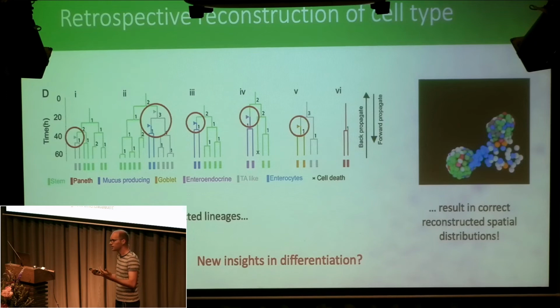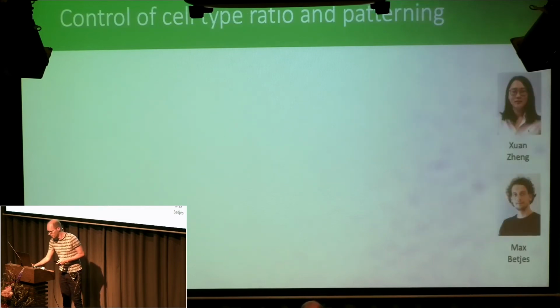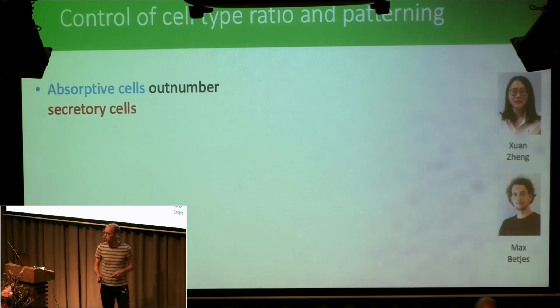And so one question is, can we now use these inferred cell type transitions to also say something new about differentiation? So at the very last part of my talk, I just want to illustrate briefly how we can say something about this. We looked at a number of things, but one thing that we looked at as well is the relative ratio of absorptive cells and secretory cells.